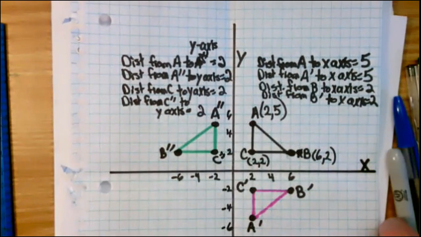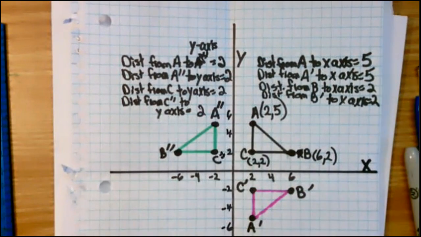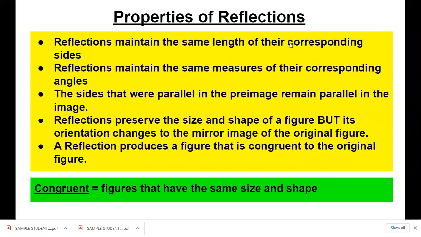Okay, so now I'm going to go back onto the camera. Hang on a sec. Okay, let's talk a little bit about the properties of reflections. Reflections maintain the same length of their corresponding sides. Reflections maintain the same measures of their corresponding angles. The sides that were parallel in the pre-image remain parallel in the image.